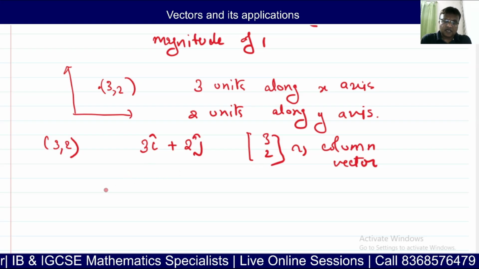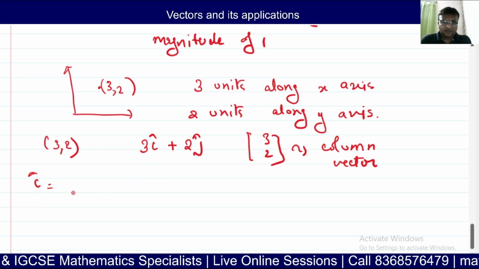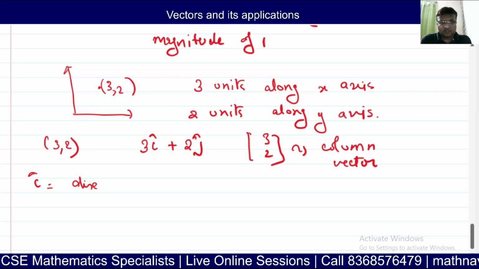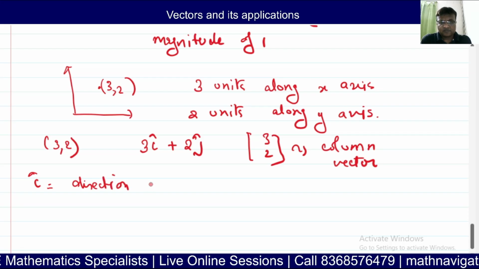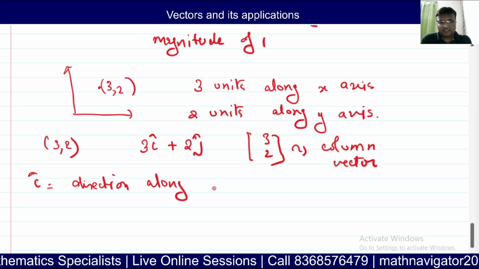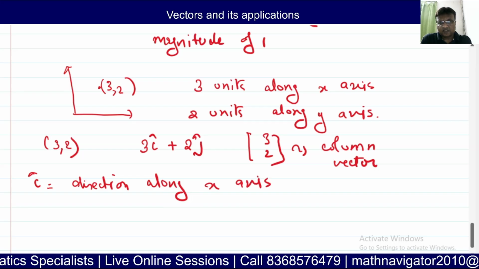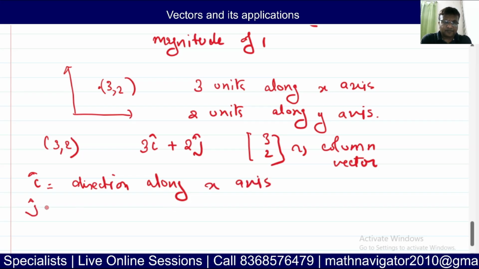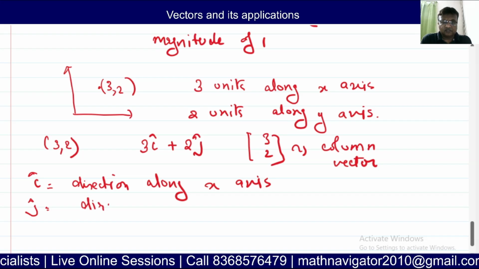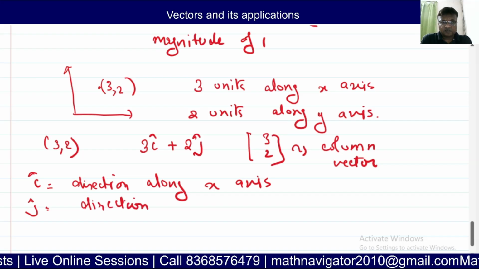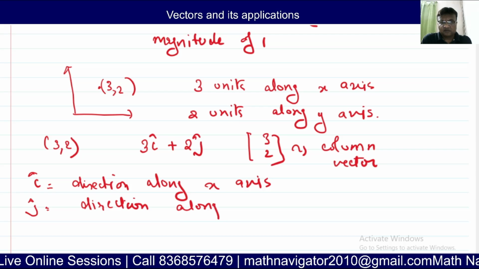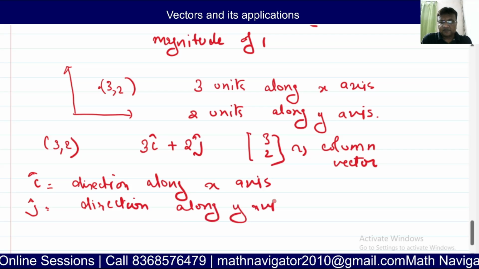This i cap is the direction along the x-axis. J cap is the direction along the y-axis.